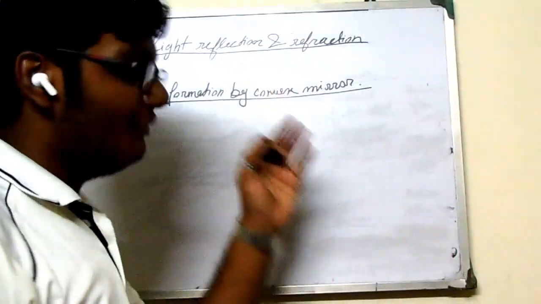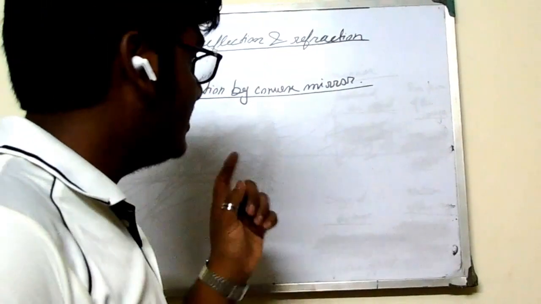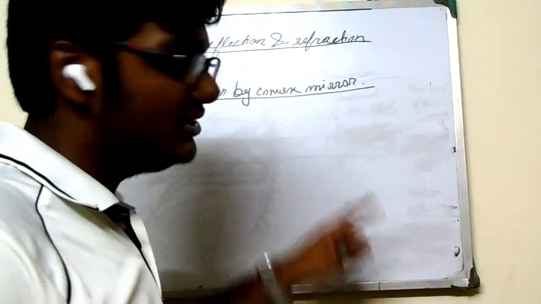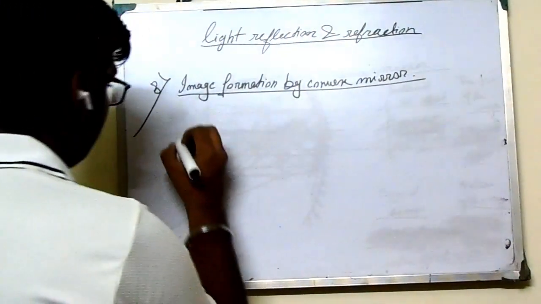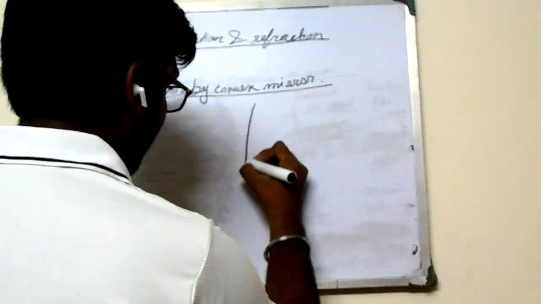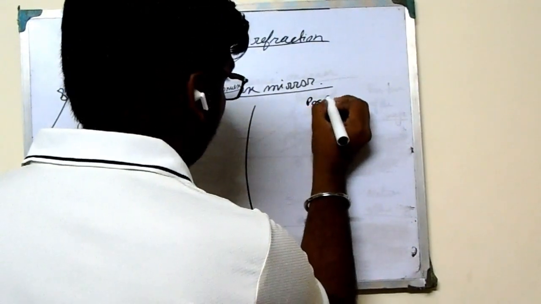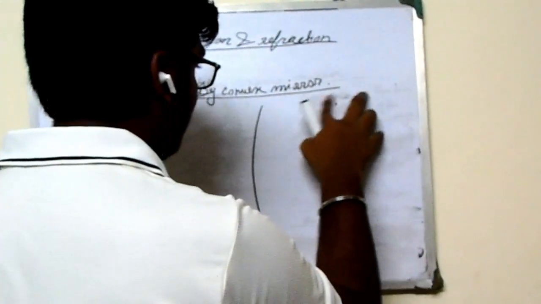So in the case of a convex mirror, there are only two conditions, not six like the concave mirror. For this reason we don't have to write all this.